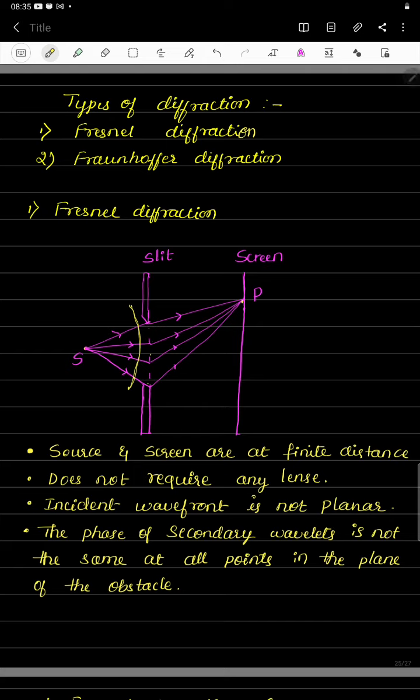They do not have the same state of vibration because the distance that they travel is different. So in the plane of this obstacle, all the secondary wavelets are not in phase. They have different states of vibration. So this is all regarding this Fresnel class of diffraction. And here it is experimentally simple, but the analysis proves to be very complex.